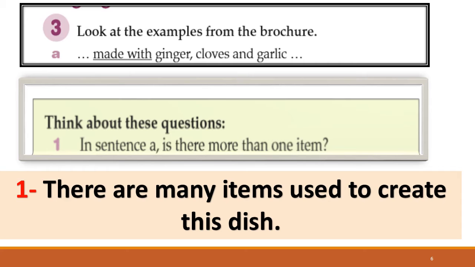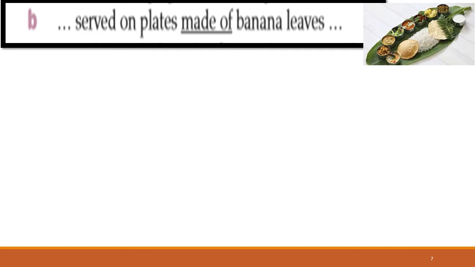I have another example with another sentence. Serve it on plates made of banana leaves, like this one. It's a plate and the food is served on the plate which is made of banana leaves.